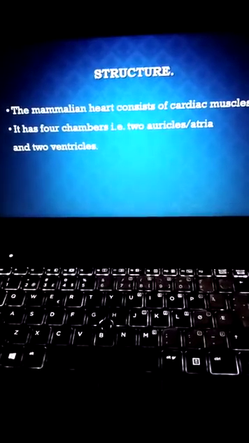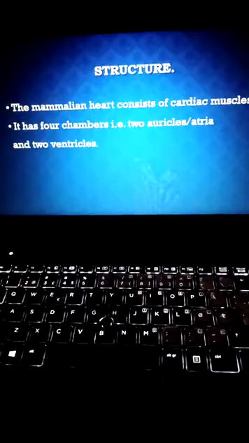Also, we know that the mammalian heart consists of muscles, and these muscles are called the cardiac muscles. The heart has got 4 chambers, 2 auricles or the atria, and 2 ventricles.